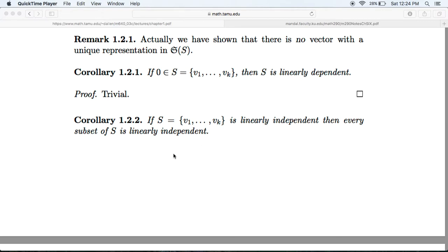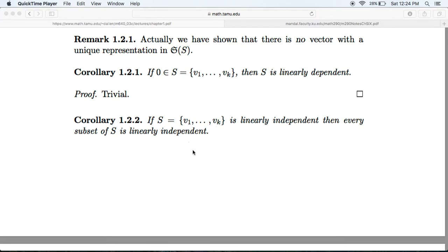That means the only way 0 equals a linear combination of v1 to vk is 0 times v1 plus 0 times v2 plus dot dot dot 0 times vk. This is a very important idea.